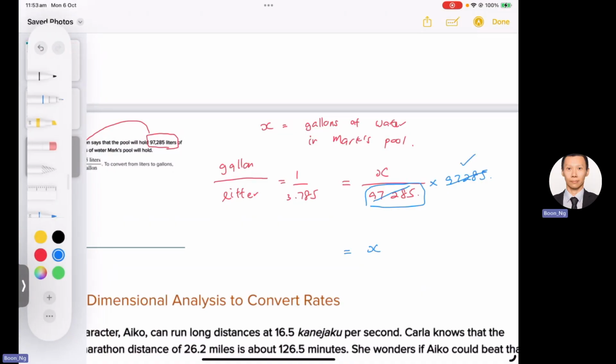Because we multiply on the number on the right, we need to do exactly the same on the left. So multiply 97285.